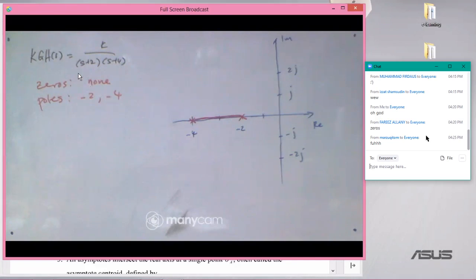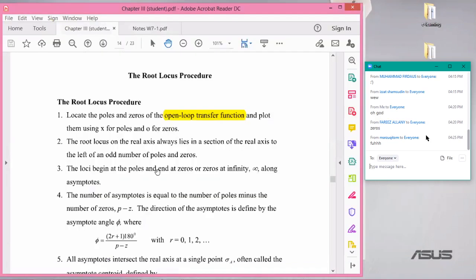But since we don't have zeros, our locus is going to branch out and end at infinity along asymptotes.